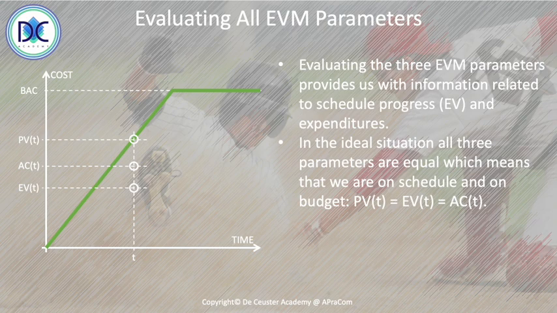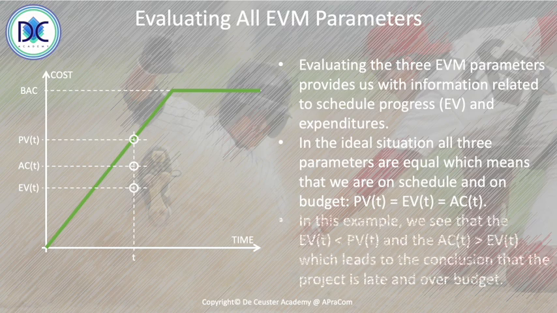In this example, what do we see? We see that the earned value is less than the planned value, and the actual cost is larger than the earned value. This means that in this specific case, the project is late and we are over budget.